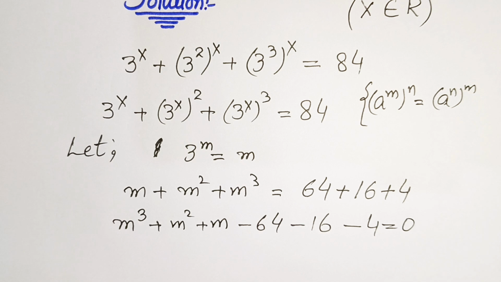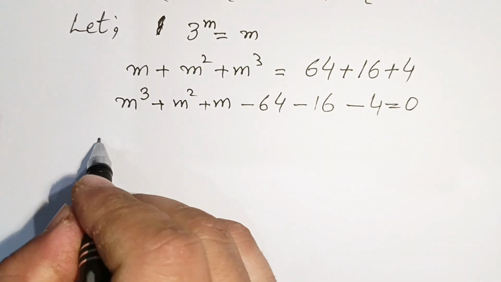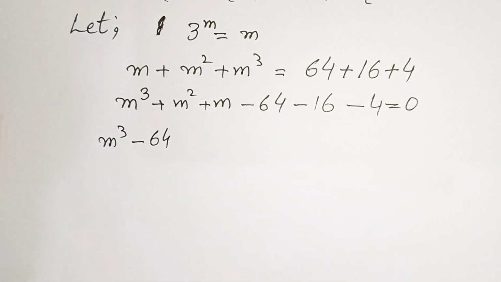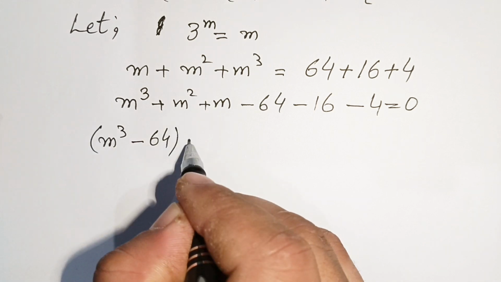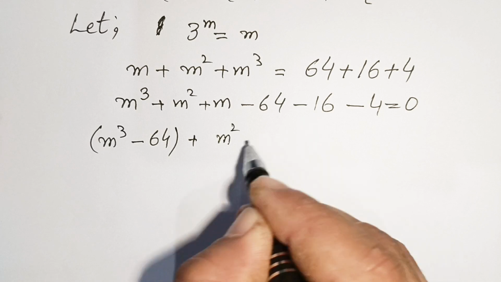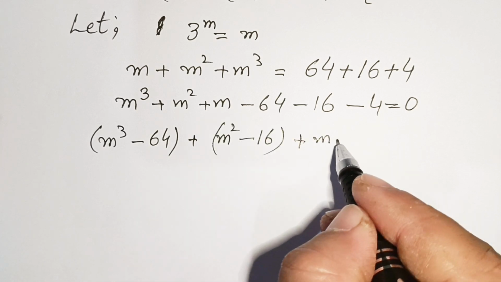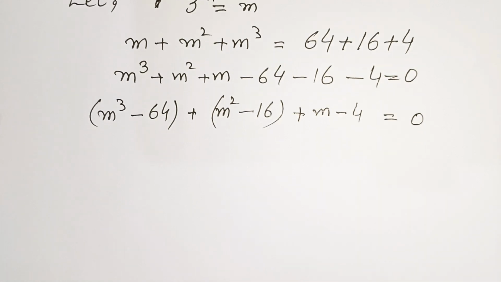Now by writing m cubed with minus 64 we get a nice algebraic formula. Making the first pair, we have m cubed minus 64, the second pair is m squared minus 16, and the third pair is m minus 4, which is equal to 0.